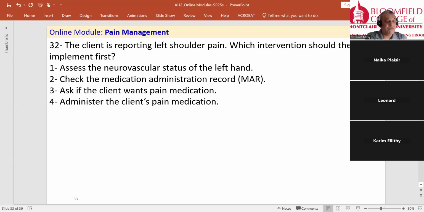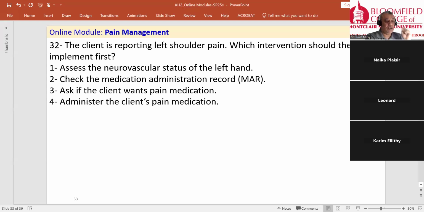Don't be confused. Sometimes students get confused, thinking implementation should be a task or action, like giving medication or doing something, but it could be an assessment. So assessment is part of the implementation when it comes to actions.